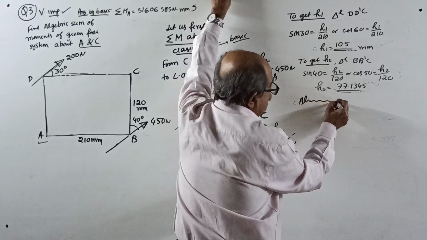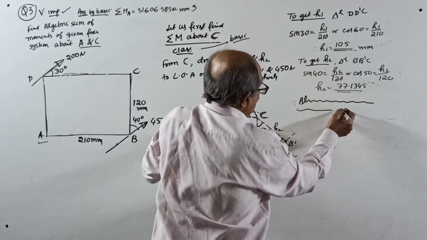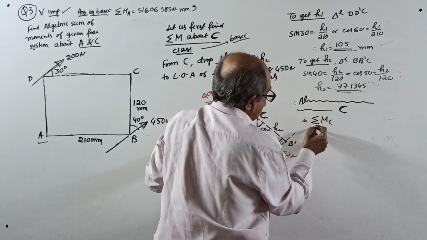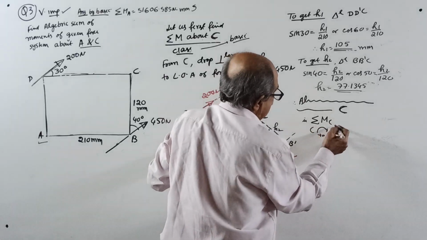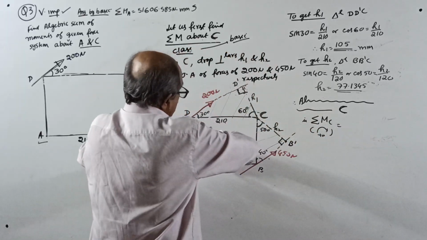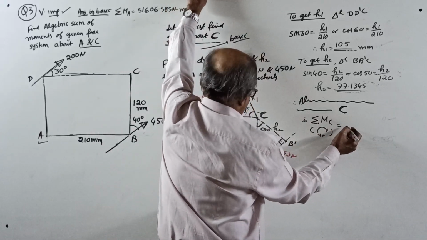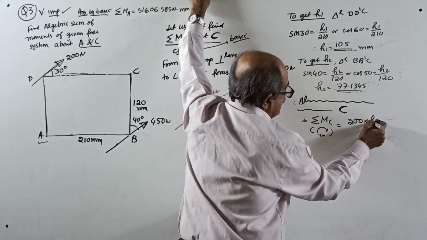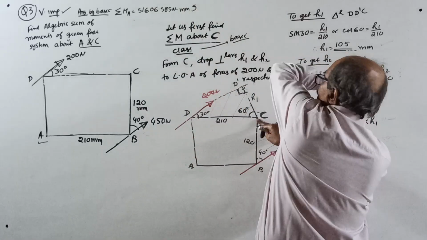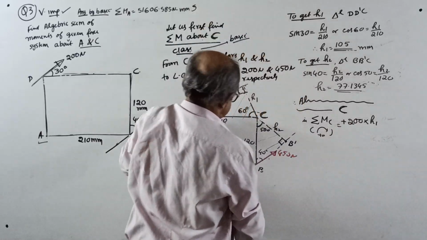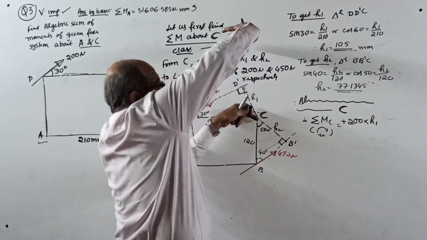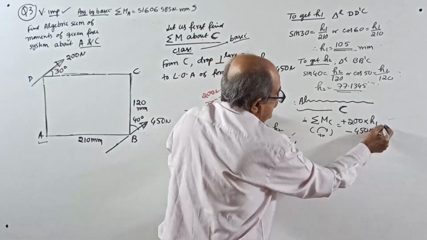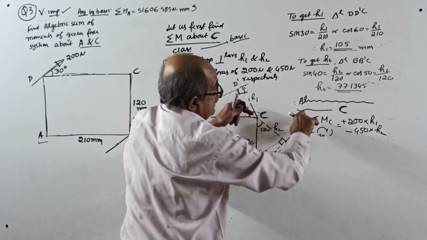Algebraic sum of moment of the given force system about C, that is say sigma M about C, we will take clockwise positive equal to, see here now, clockwise, how much? 200 into H1, clockwise, plus, here, anti-clockwise, minus 450 into H2, anti-clockwise.